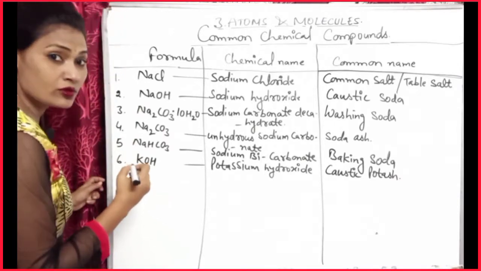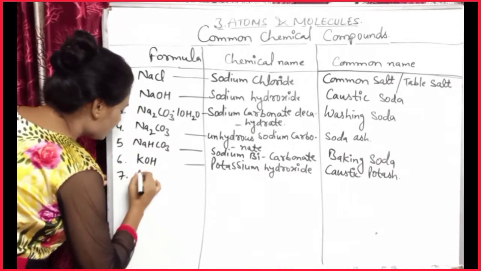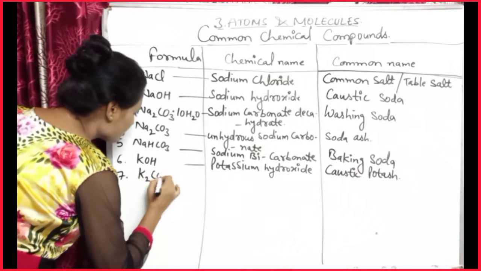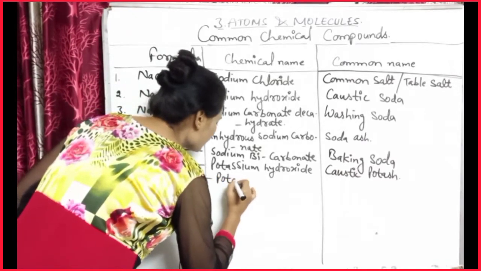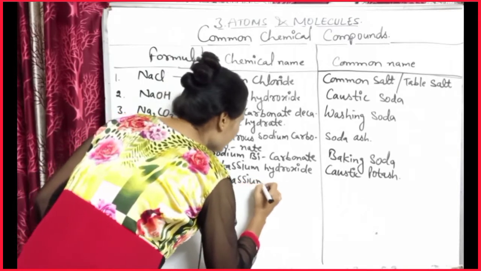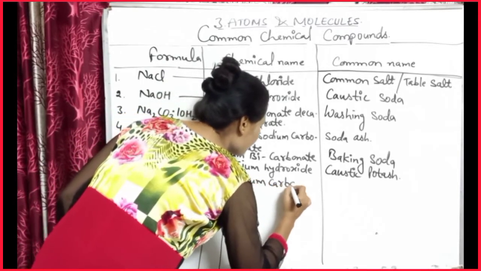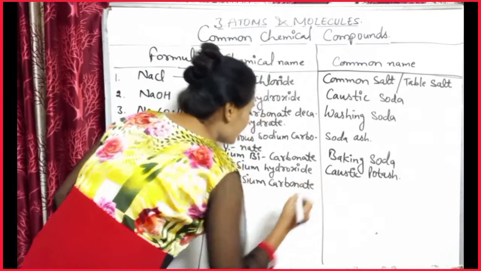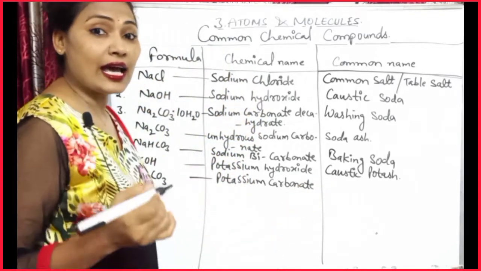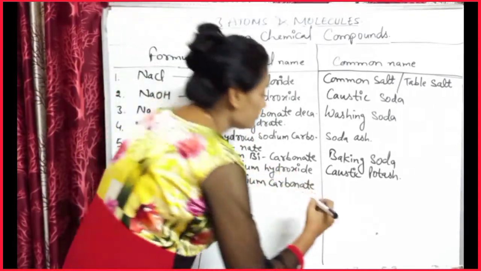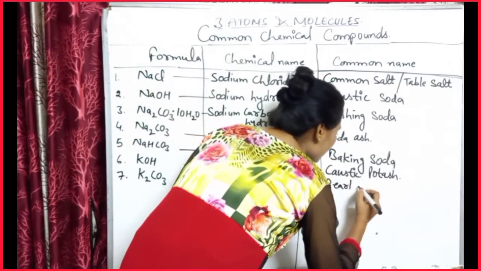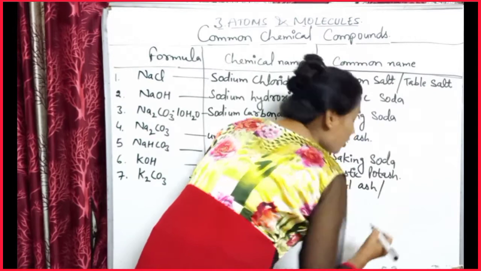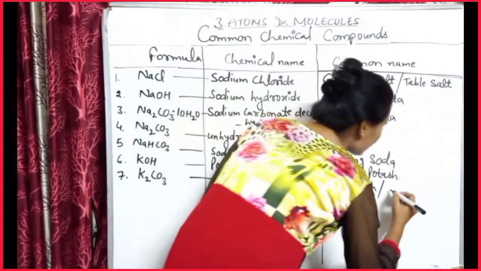So K2CO3, that is potassium carbonate, and commonly it is known as pearl ash, or it is also known as potash.